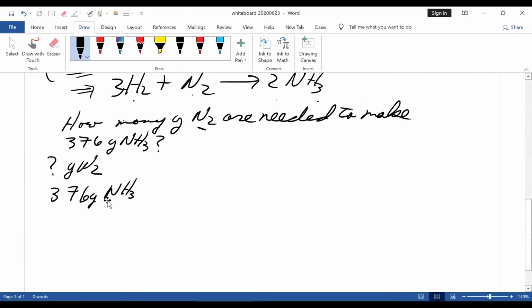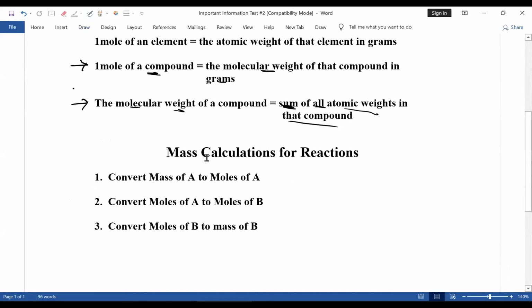There's no way I can go from grams of ammonia to grams of nitrogen directly. What you need to do is use this. For mass calculations, mass means weight and weight is grams, you need to do 3 steps.